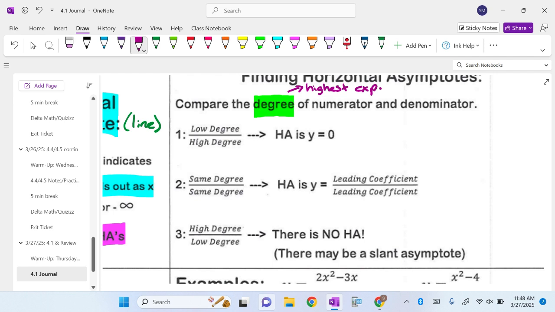It comes from the original function, the unfactored version. Now, if your numerator has a lower degree than your denominator, your horizontal asymptote is automatically y equals 0.